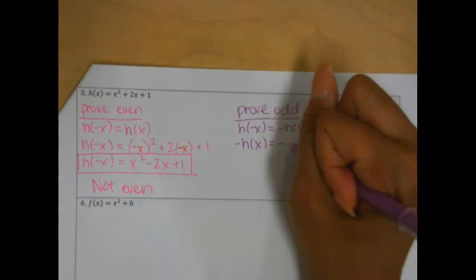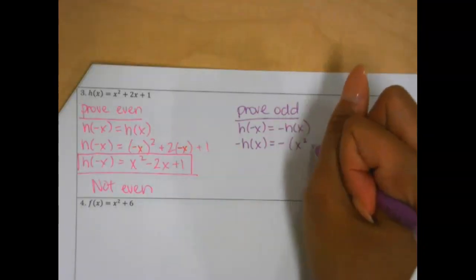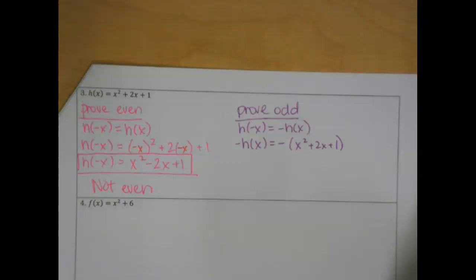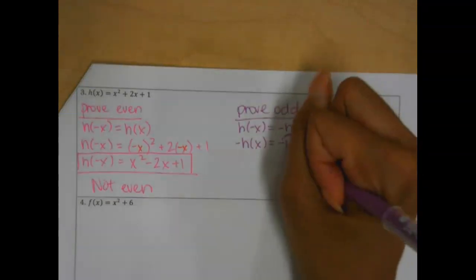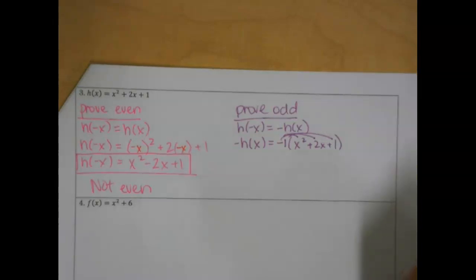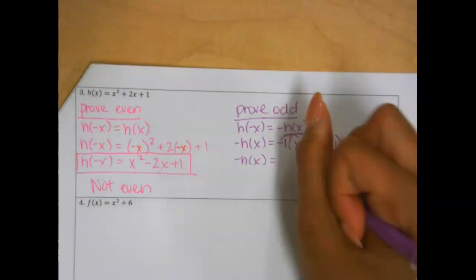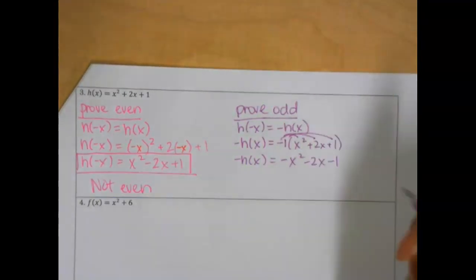So we're going to take that negative, and then h of x is x squared plus 2x plus 1. Based on the discussions we've already had, we're going to have to distribute that negative. This is the same thing as a negative 1. So let's see, negative h of x is going to equal negative x squared minus 2x minus 1.